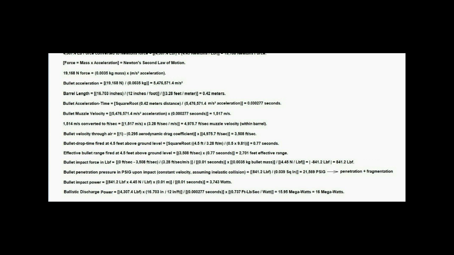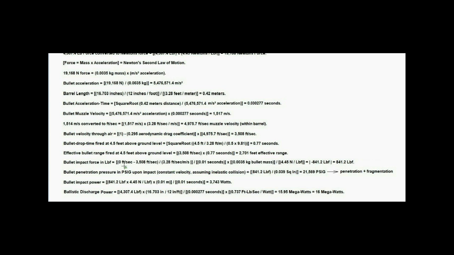The bullet impact force in pounds is computed from the negative velocity of the bullet after it hits the target. There will be a rapid reduction in speed to a theoretical 0 feet per second. This negative velocity is converted to meters per second and then divided by the instantaneous time, a value very close to 0, but we cannot divide by 0, so this becomes an instantaneous time.